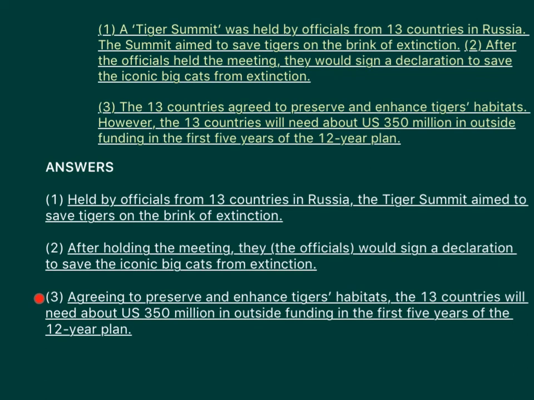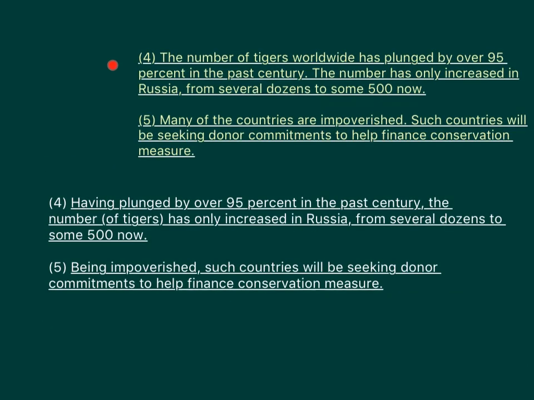Number 3. Agreeing to preserve and enhance tigers' habitats, the 13 countries will need about $350 million in outside funding in the first 5 years of the 12-year plan. Number 4.